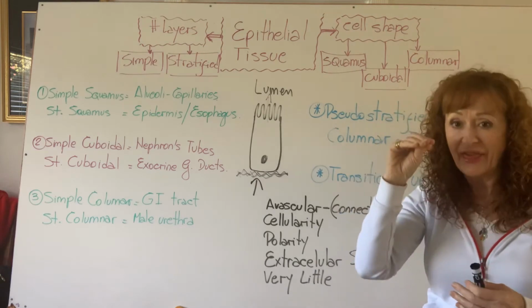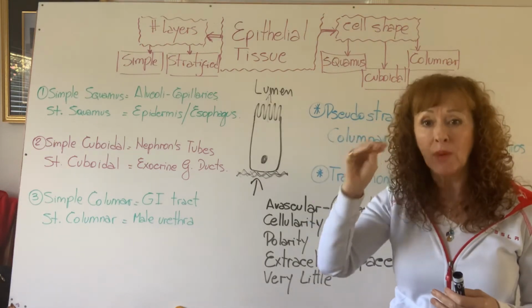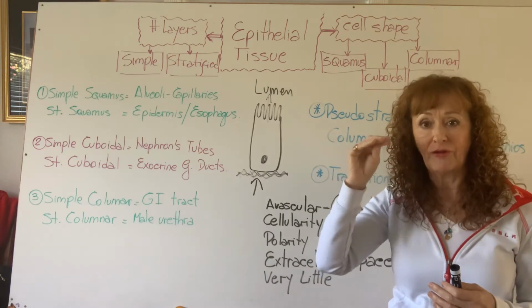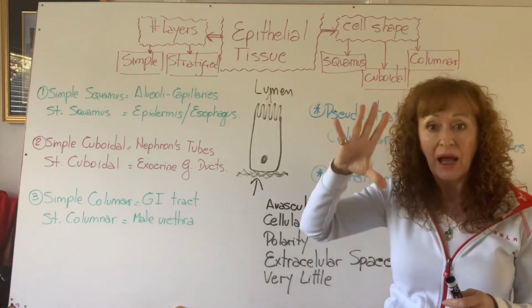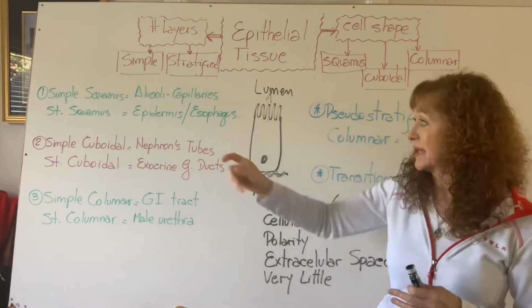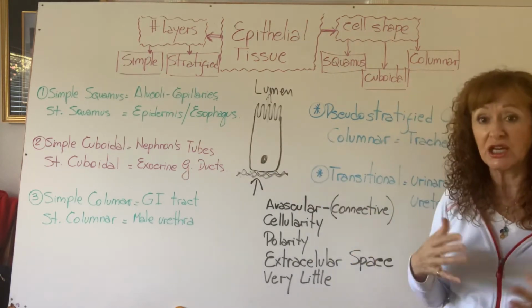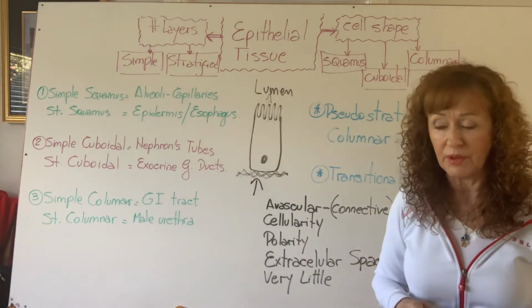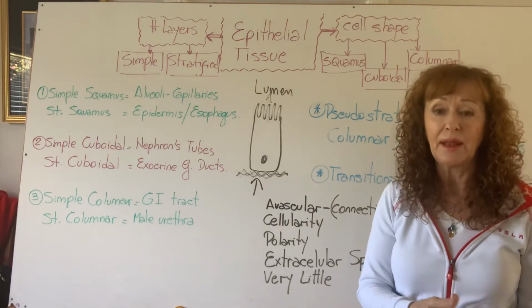Obviously, the flatter the epithelial cell, the more exchange of molecules it can produce. That is a fact. The longer or thicker the cell, the longer the exchange takes, but certainly it is way faster when it is simple than when it is stratified.